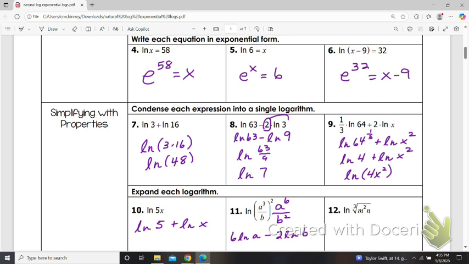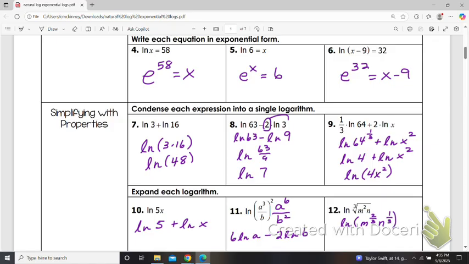In number 12, we get to use what we know about radicals and changing radicals into fractional exponents. So this is the same as if I wrote m to the 2 over 3, so the power stays up top, the root becomes the bottom, n to the 1 over 3.